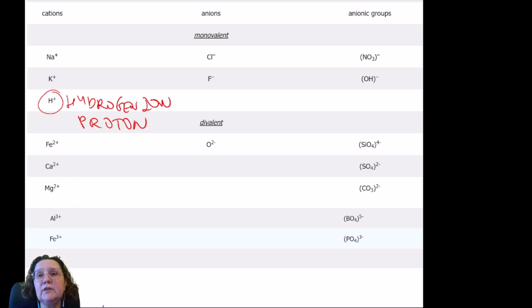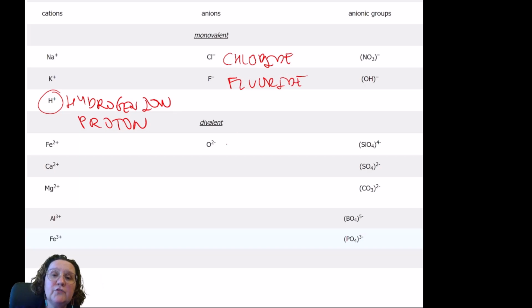On the right hand side, you've got the anions. So you have the chloride anion, you've got fluoride, and you've got oxide. And then you have what this table calls anionic groups, which are polyatomic ions that I mentioned in a previous slide.